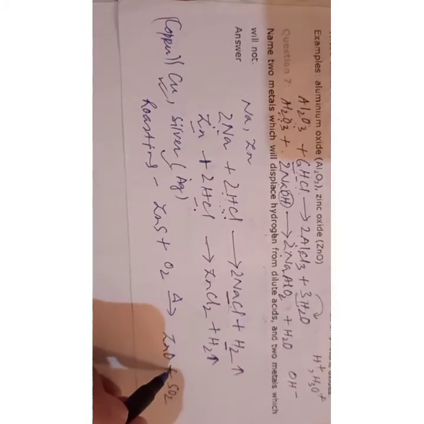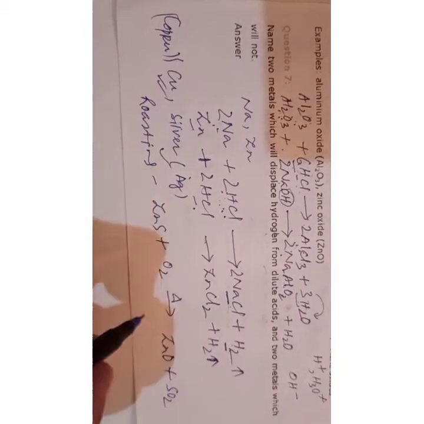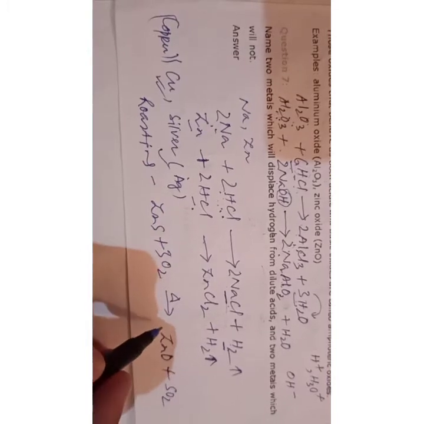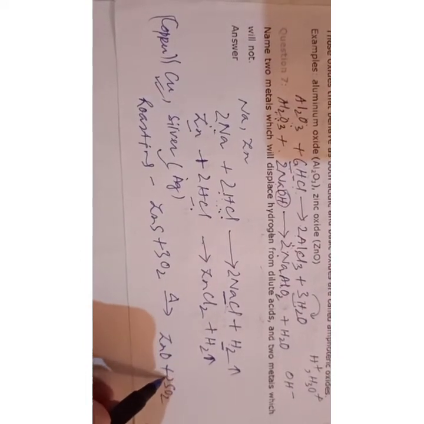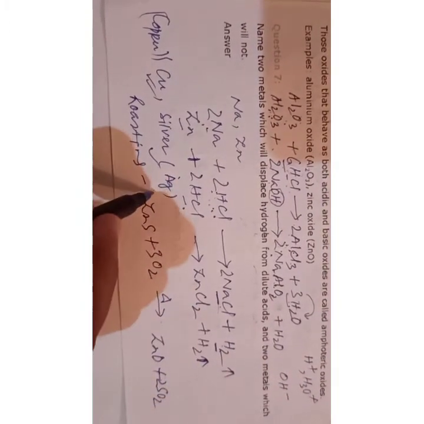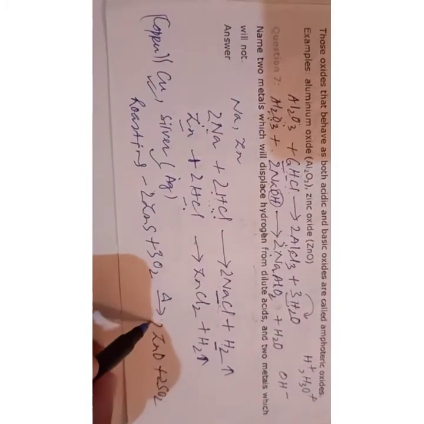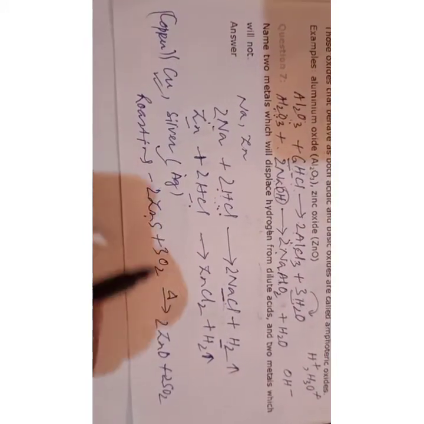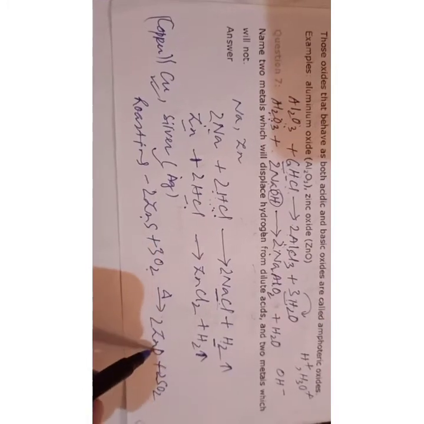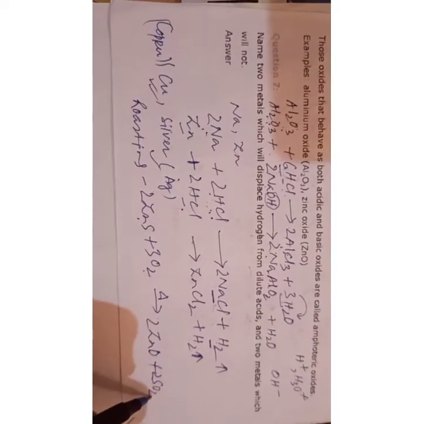SO2 means sulfur dioxide. Now balance it: 3, 2, 2, 2. So now both sides are balanced. This will be solid and this will be gaseous.